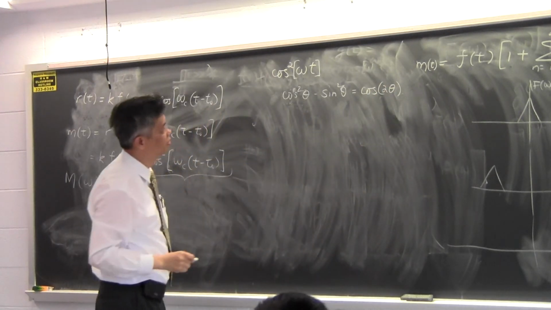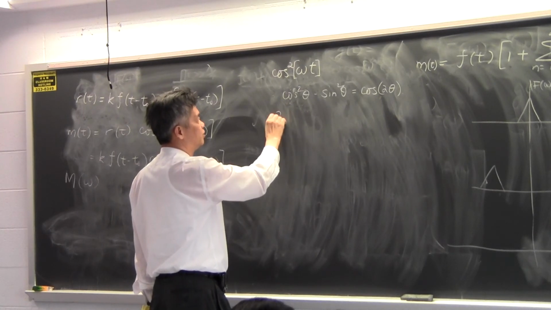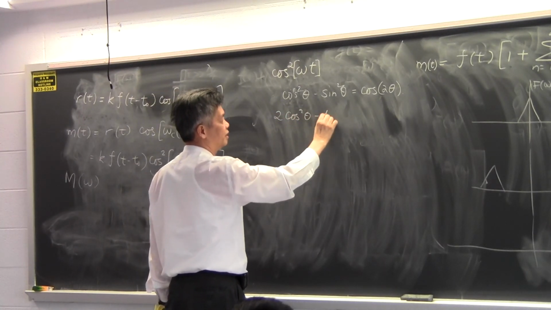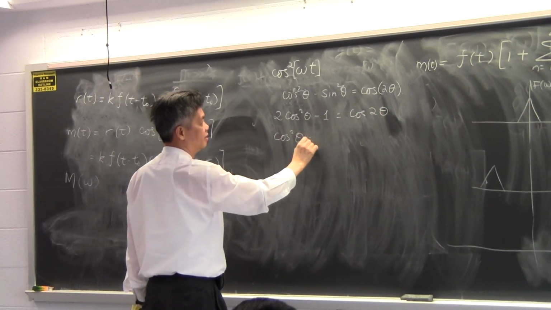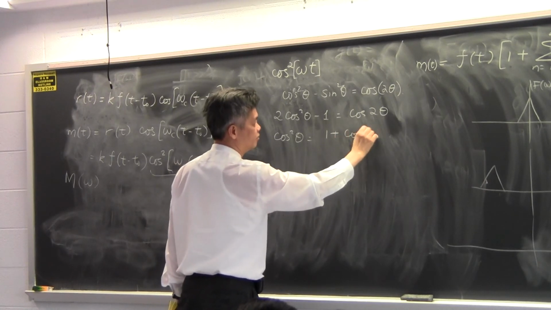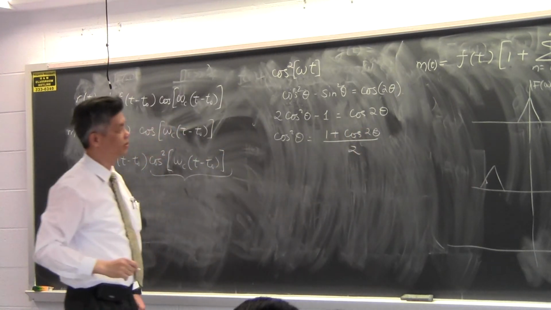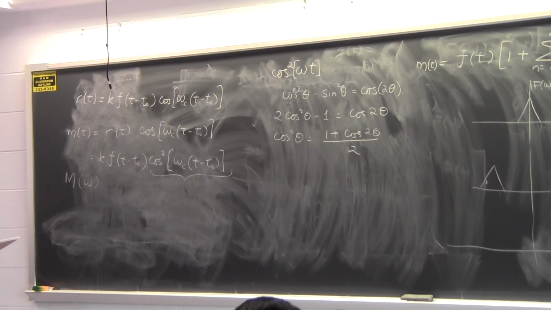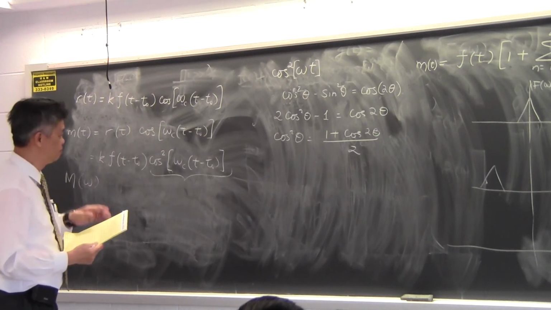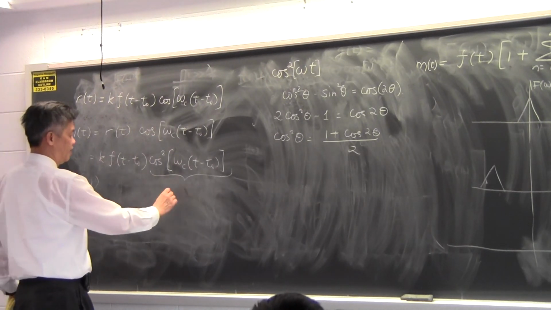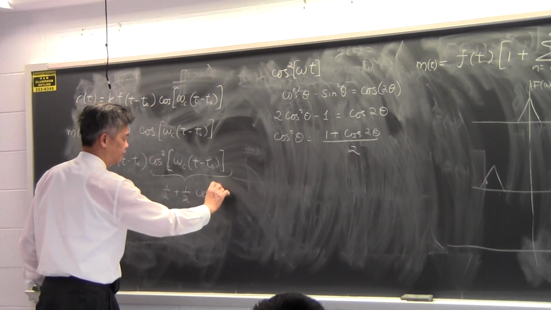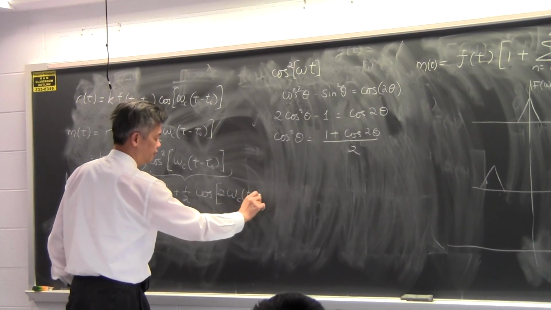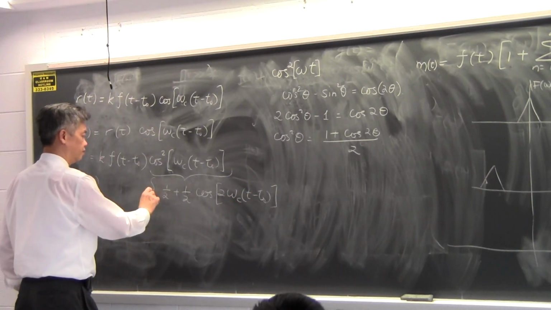And then 2 cosine squared theta minus 1 is equal to cosine of 2 theta. So cosine squared theta is 1 plus cosine of 2 theta over 2. Did I do it right? I think I'm okay. So you can use this trigonometric identity and write this as half plus half cosine of 2 omega c times t minus t naught.